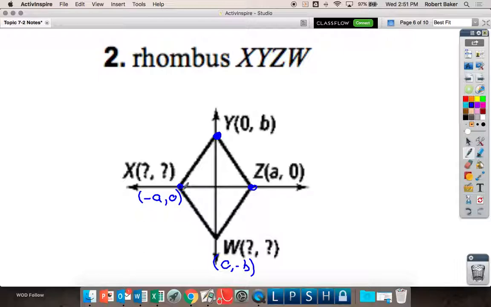Do I have any numbers right now? No. Okay, so I'm going to use the distance formula. So x2 minus x1, squared, plus y2 minus y1, squared.